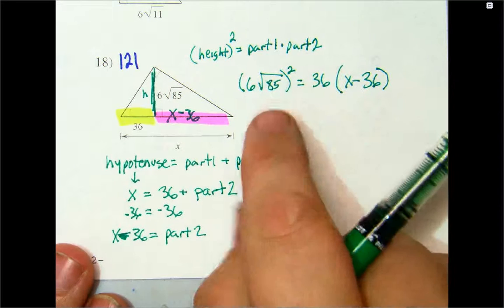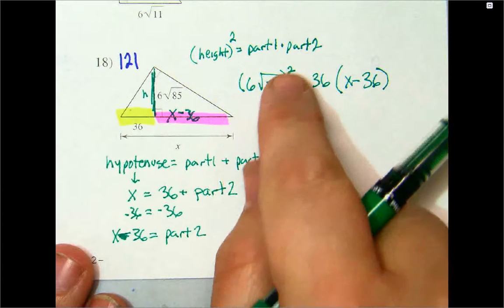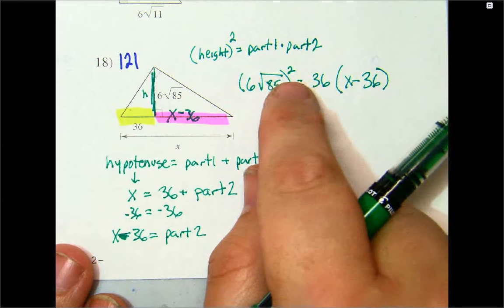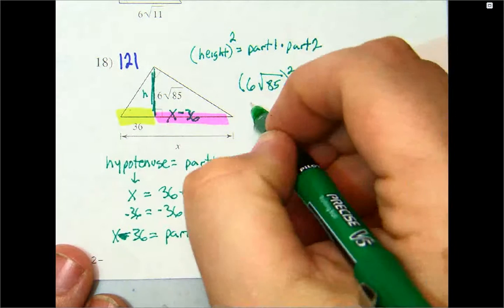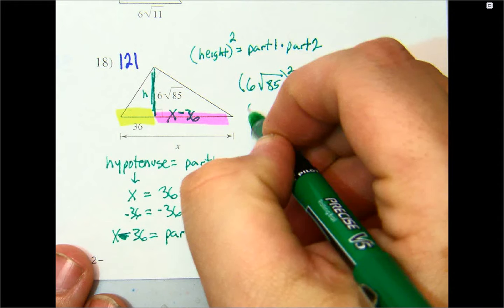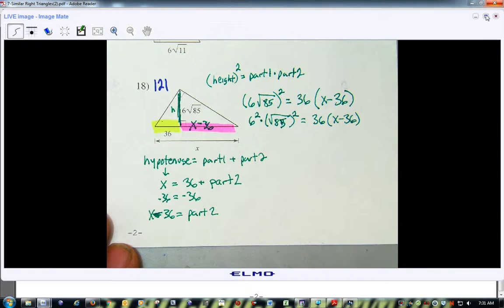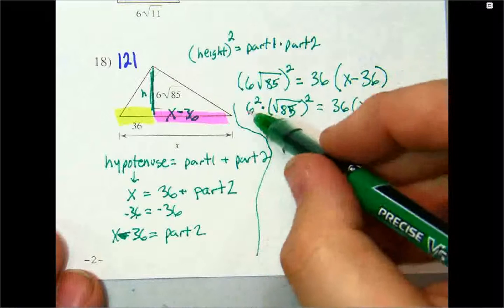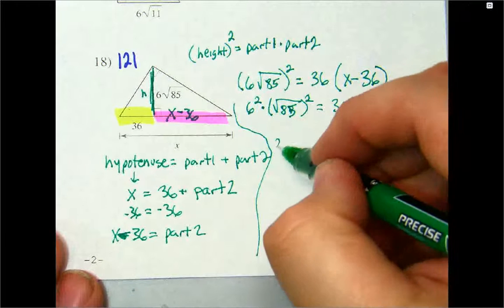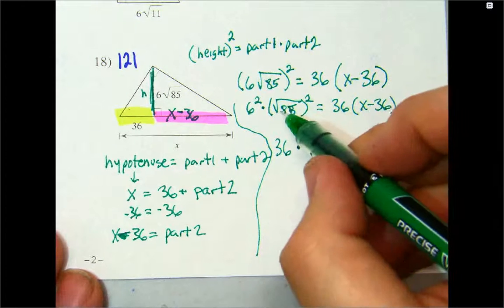Now, again, when you have two numbers being multiplied like this, 6 times radical 85 to the second power, this becomes 6 squared times the square root of 85 squared. That's equal to 36 times x minus 36. Alright, so what's 6 squared? 36 times, now you got the square root of 85 squared.